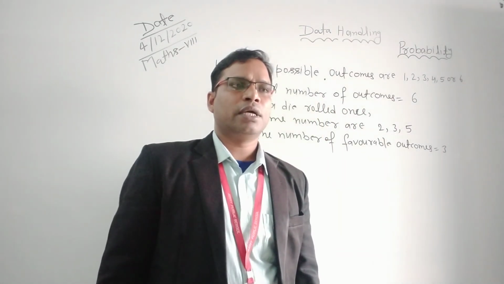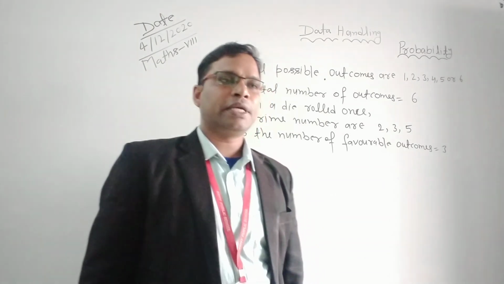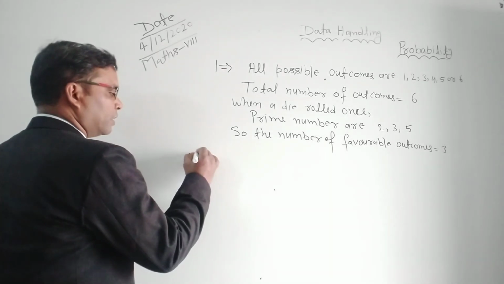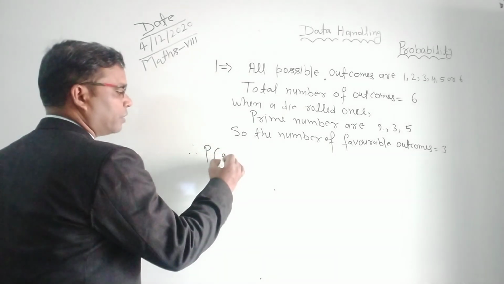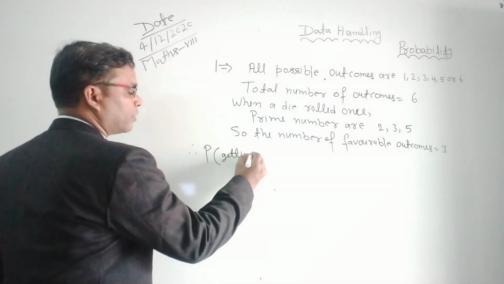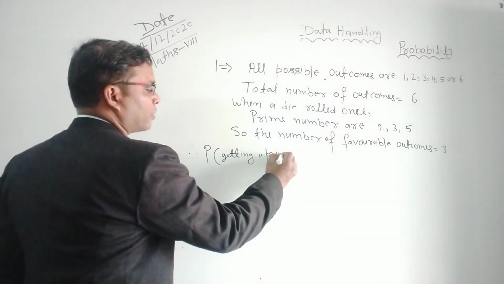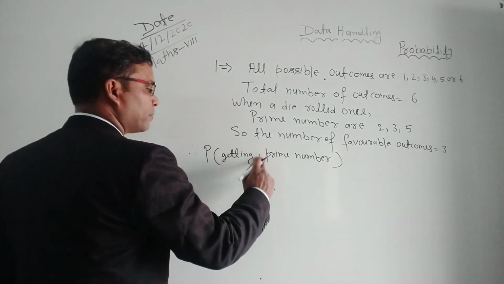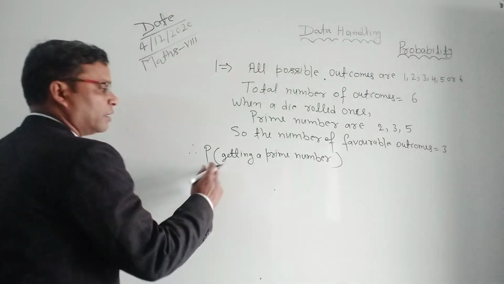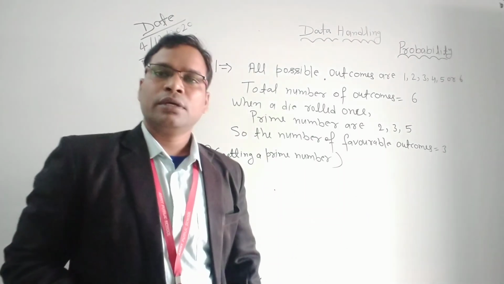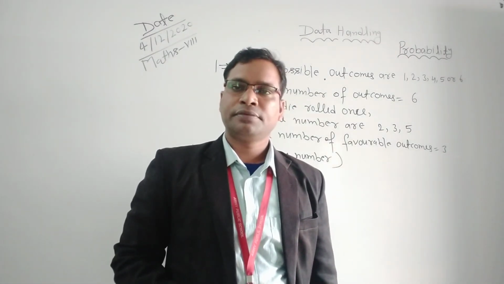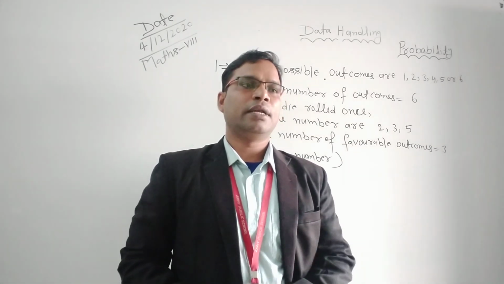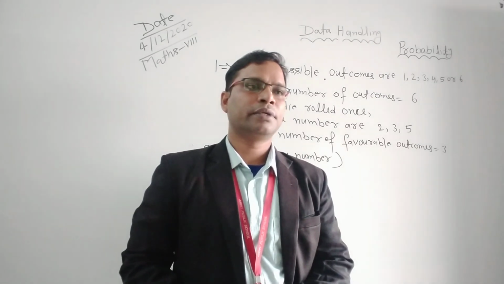This is clear. So we find the probability of getting a prime number. Therefore, write: probability of getting a prime number. You know very well the formula to find probability: number of favorable outcomes by total number of outcomes.